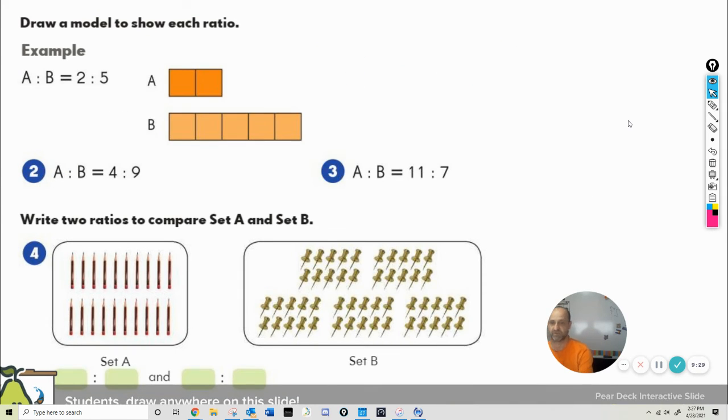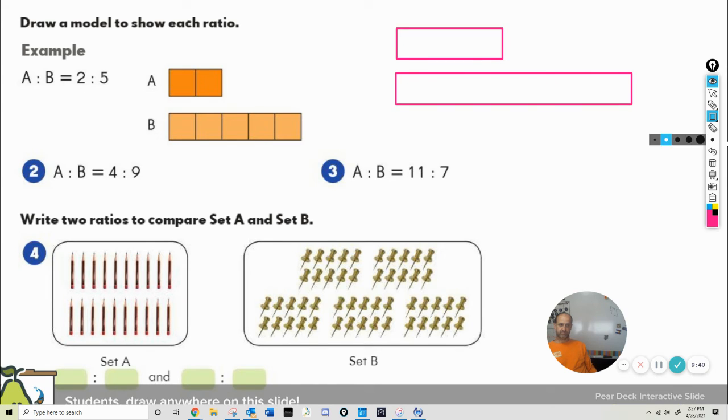Okay, do these. I'll go through the work in about 5 seconds. All right, there's number 2. Number 3, you'd literally draw 11 squares and 7 squares.